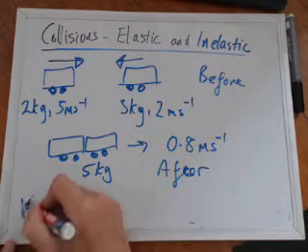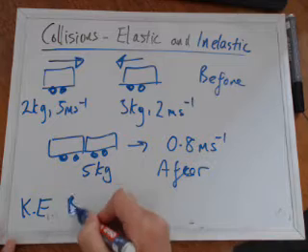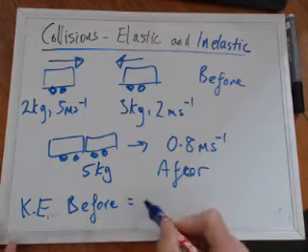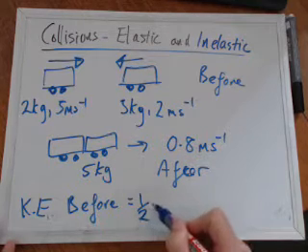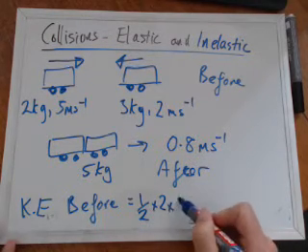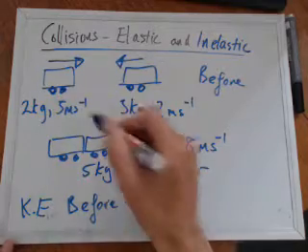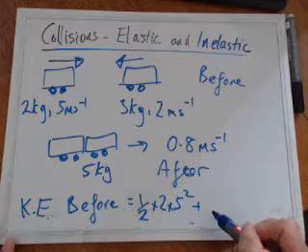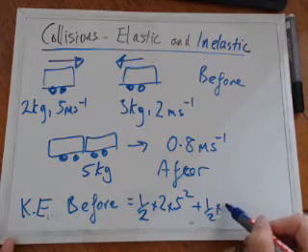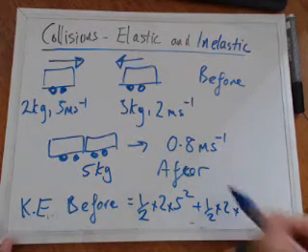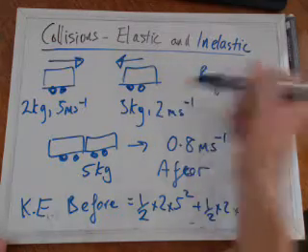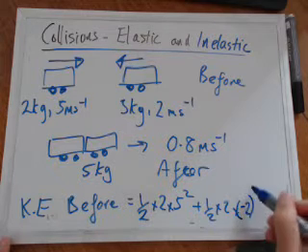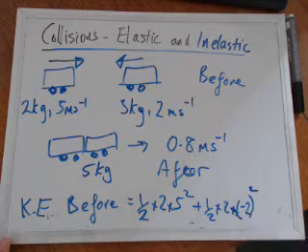So let's have a look. The kinetic energy before, using half mv squared, is a half times 2 times 5 squared for that body, plus a half times 3 times, because that 2 meters per second is going that way, we could write it as minus 2 squared, not that it makes any difference, because that becomes positive.